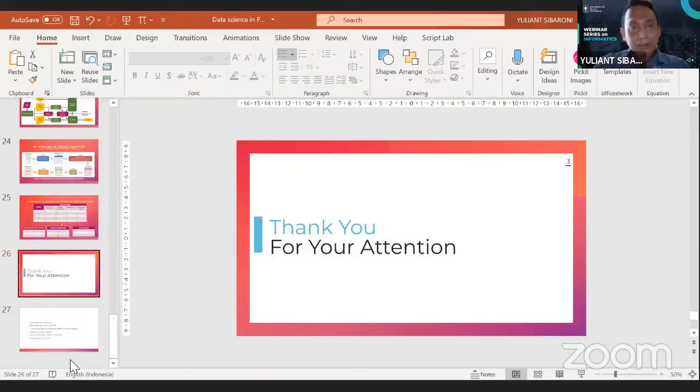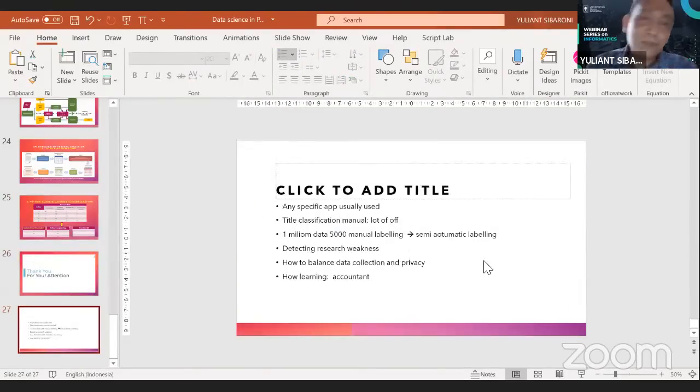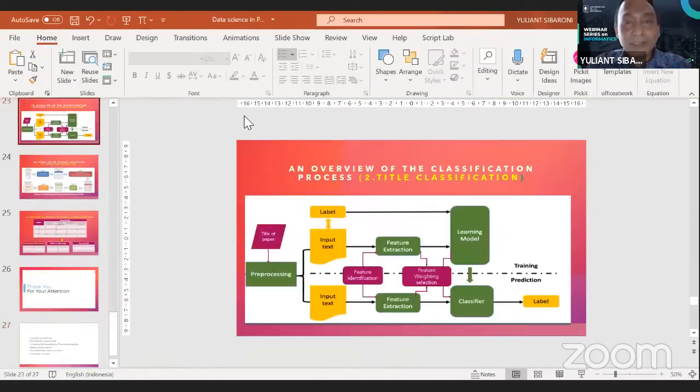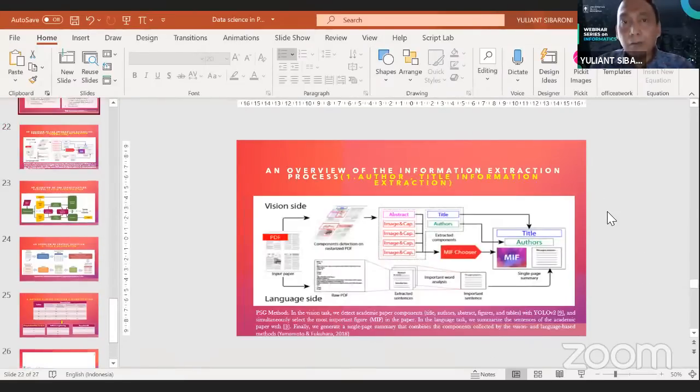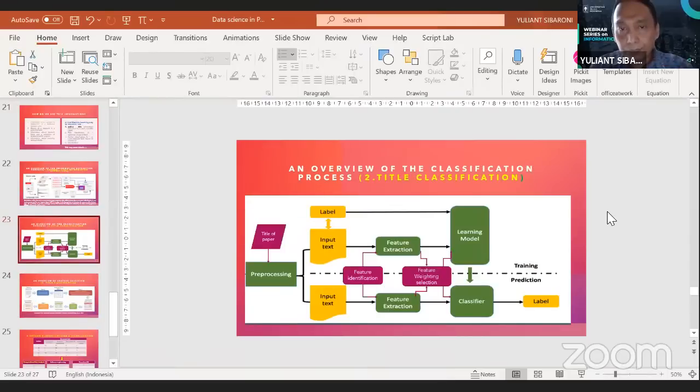I think the benefit that we obtain from this process is there are many benefits. For example, in this process, what is the benefit?